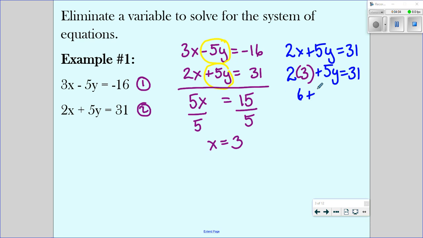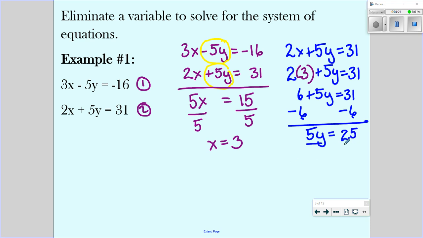This would be 6 plus 5y equals 31. And then I'm going to subtract 6 on both sides. And then I'm left with 5y by itself, and this will be 25. And then I divide by 5 on both sides. And then I'll get y equals 5.